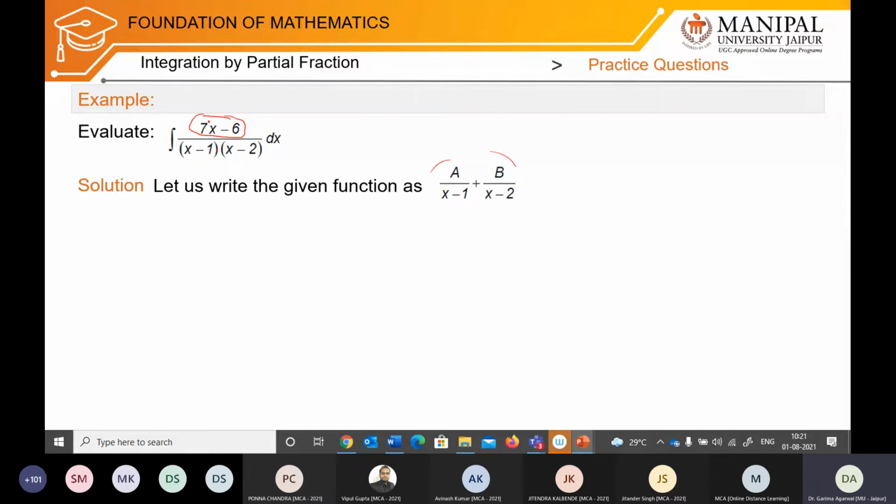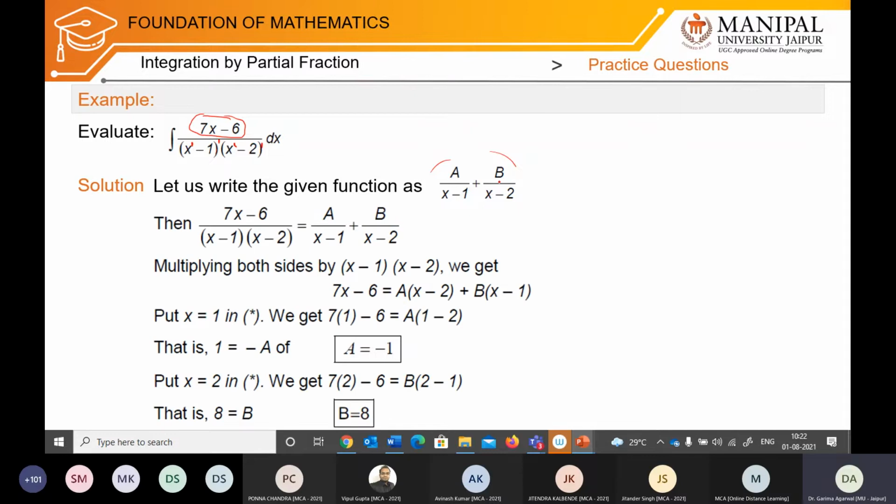So first of all, we need to integrate this term, 7x minus 6 upon x minus 1 times x minus 2. Now here in the denominator the power of x is 1 and the whole power is 1. In the second factor the power of x is 1 and the whole power is also 1. So we can write this step simply as a upon x minus 1 plus b upon x minus 2.